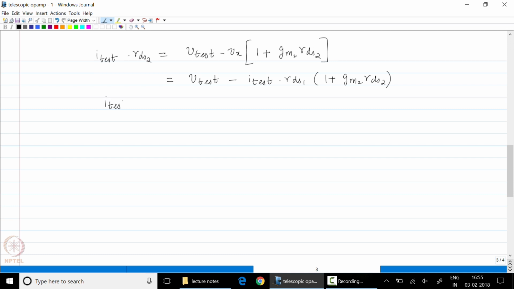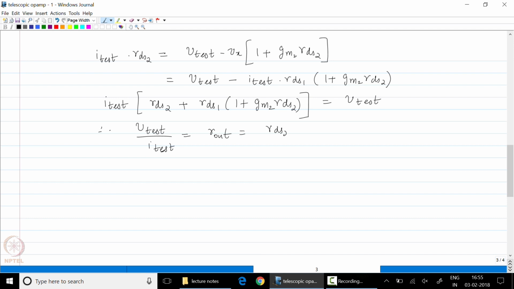Therefore, I test into rds2 plus rds1 into 1 plus GM2 rds2 is equal to V test. Therefore, V test by I test is our Rout. This is nothing but rds2 plus rds1 into 1 plus GM2 rds2.